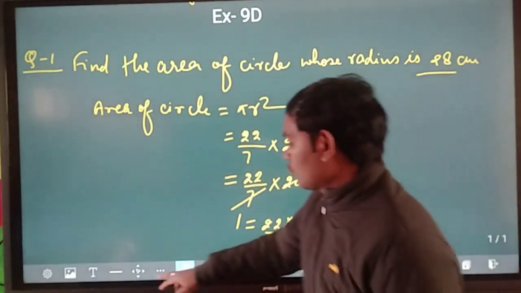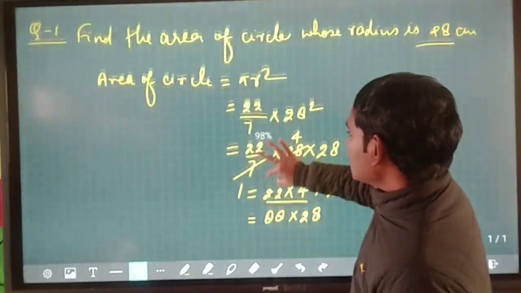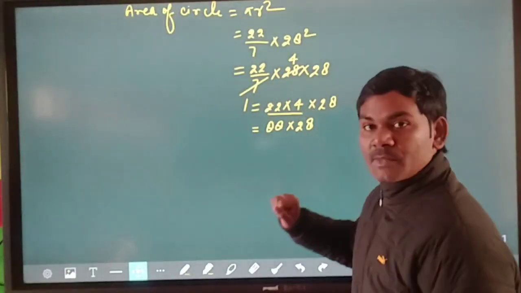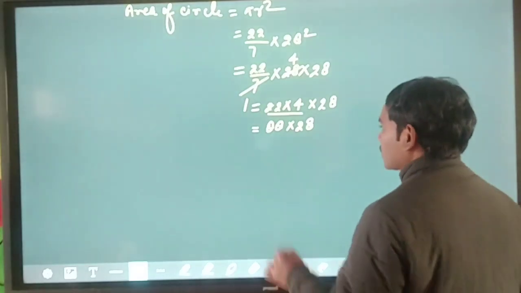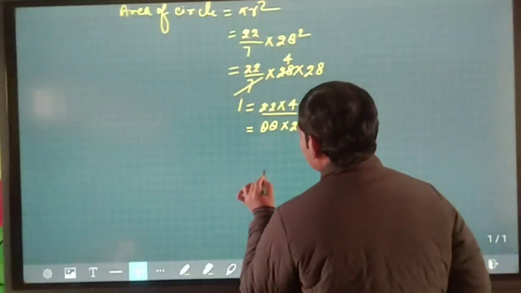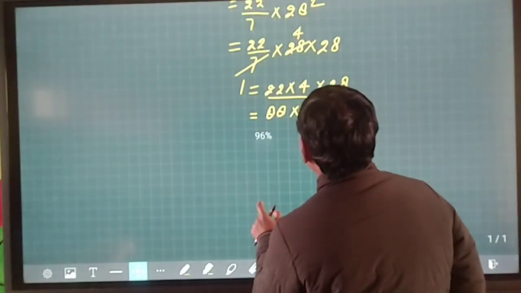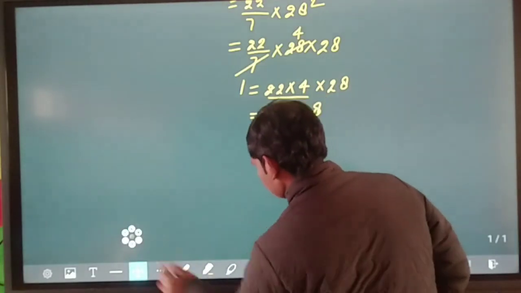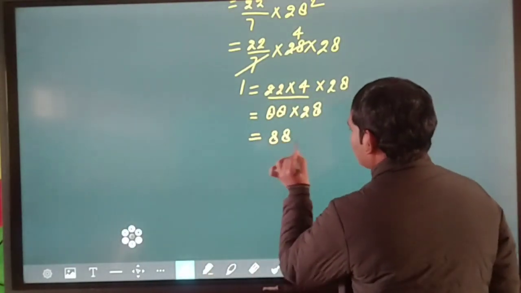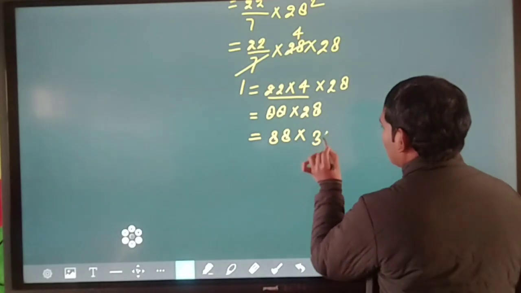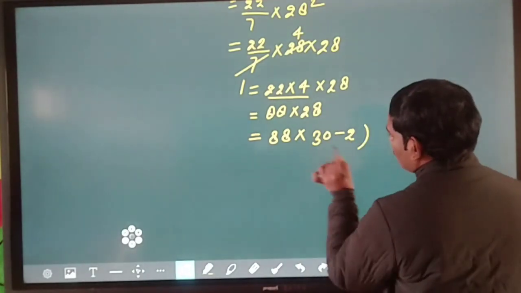Now in order to make the product easier, we use the distributive property of multiplication over subtraction. So here we can write 28 as 30 minus 2, so 88 into 30 minus 2.